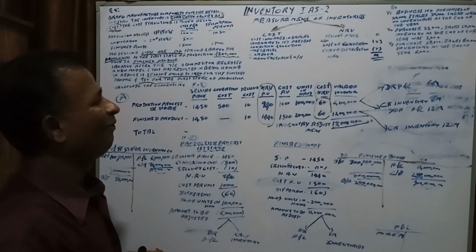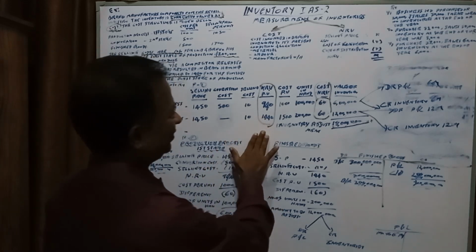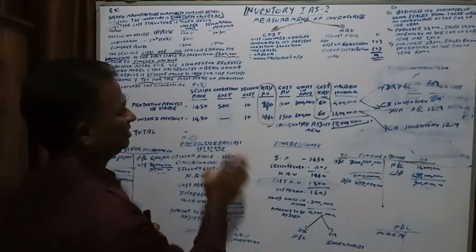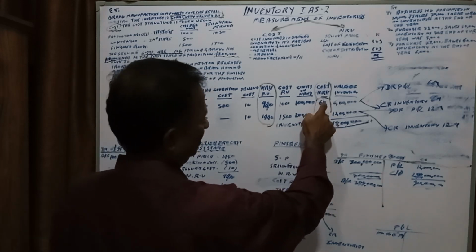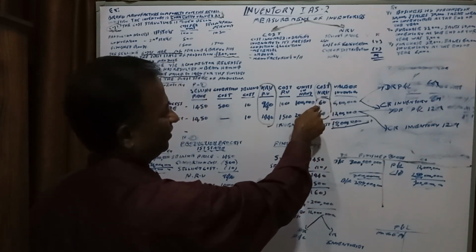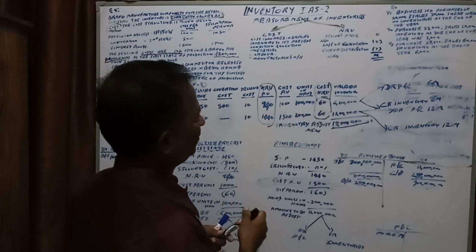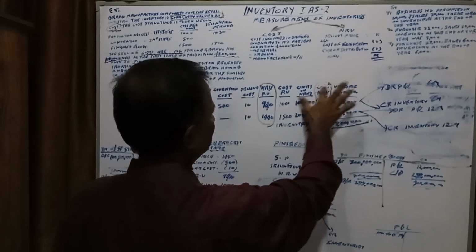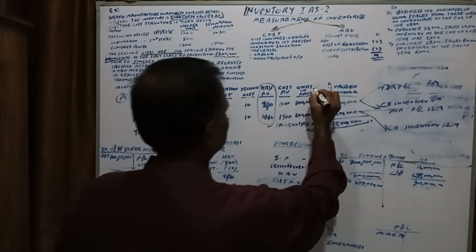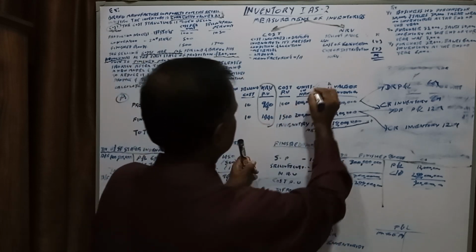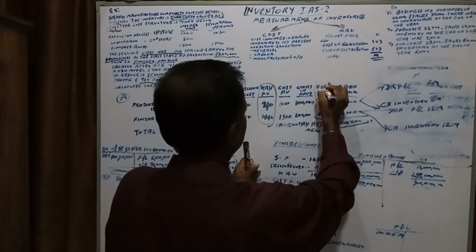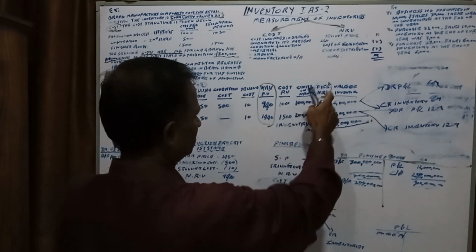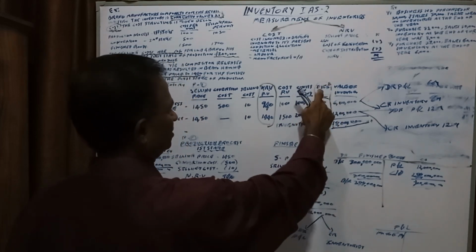Otherwise you had to calculate the whole amount. If they have not mentioned this valued at cost, you don't need to go for the difference in net realizable value. Here the difference is 60.